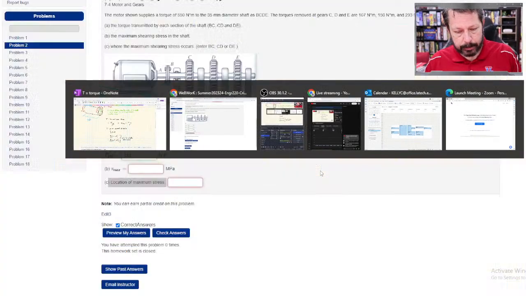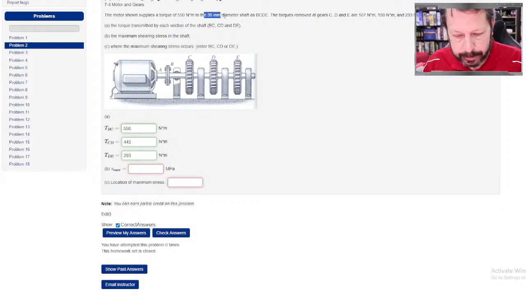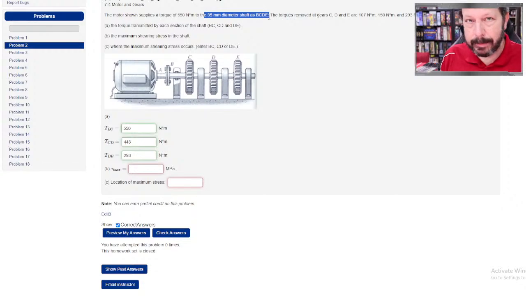Here, our problem says that we have a 35 millimeter diameter shaft. It doesn't mention inner radius or inner diameter or hollow or tube or anything like that. So this makes me think it's a solid shaft. So the location of the maximum stress, actually I don't know what it wants me to put in. Oh, enter BC, CD, or DE.